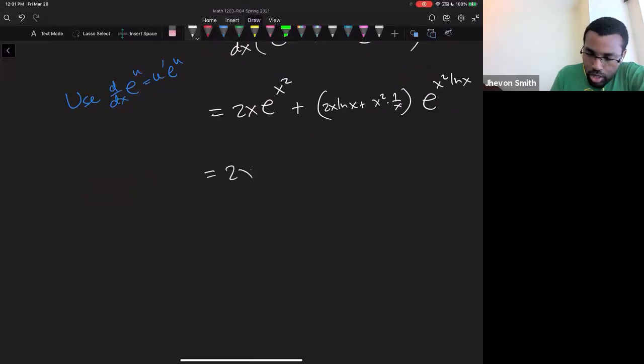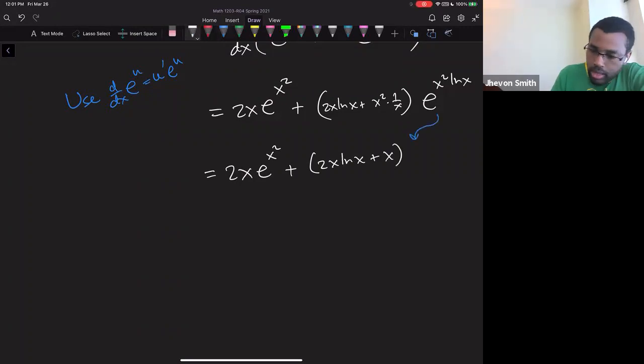Cleaning this up a bit, this is 2x e to the x squared plus 2x ln x plus x, and this guy here is your x to the x squared. So that's the derivative. And I could simplify this if I wanted to a little bit, depending on what options you had.